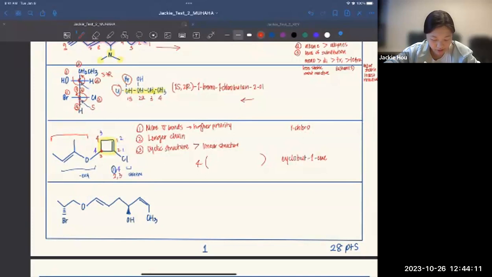Now I'm looking at this, and I have 1, 2, 3, 4. I have 4 carbons. The reason I'm numbering this way as opposed to the other side is that you want to number it so that the carbon connected to that oxygen is going to be the lowest. In this case, it's going to be 2, right?